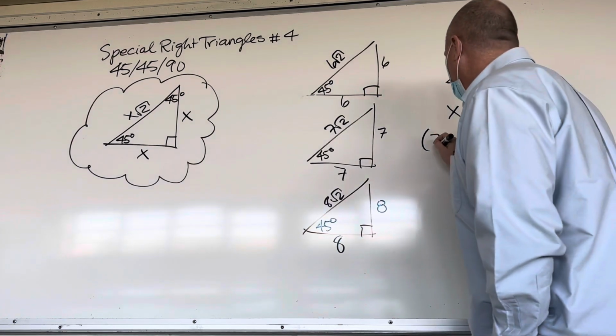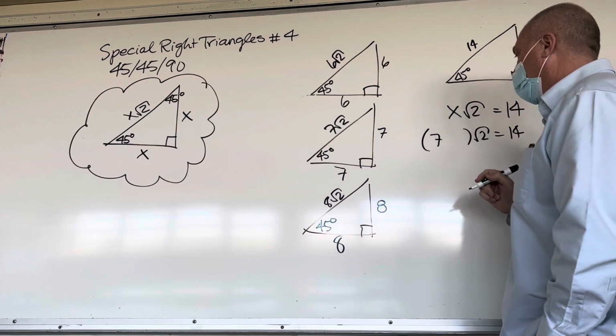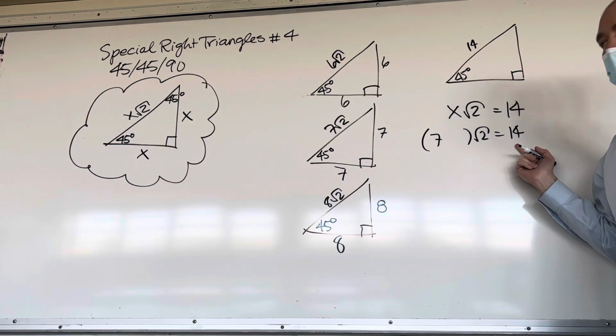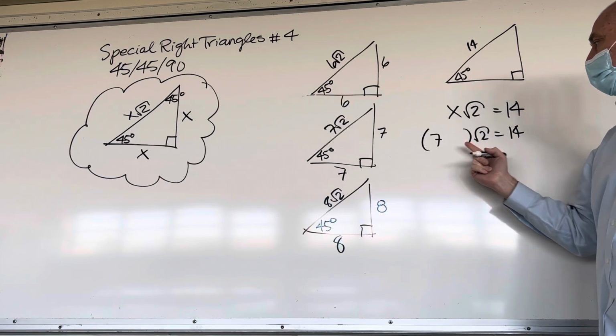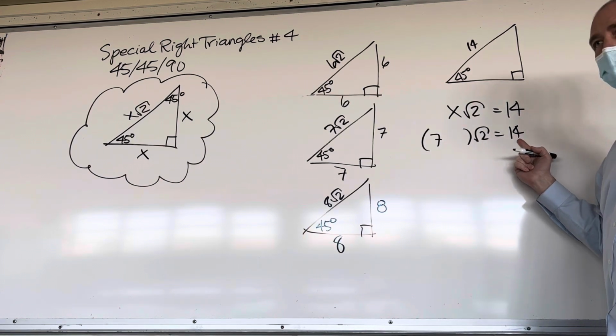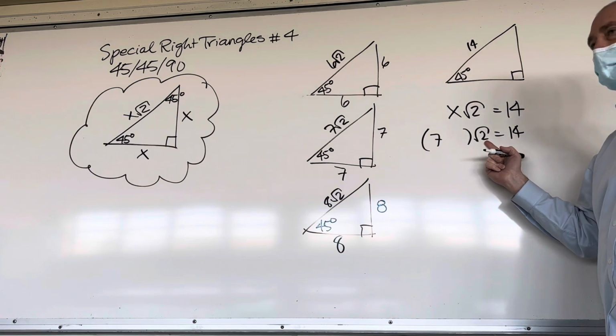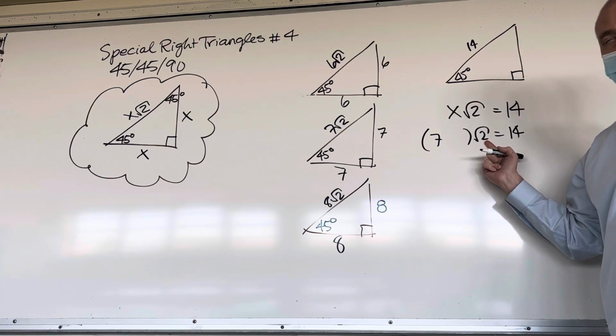7. So let's put a 7 here. Well, 7 times the square root of 2 is actually 7 square root of 2. What do you need 7 to be multiplied by to get 14? 2. How can we change a square root of 2 into a 2? What can we multiply a square root of 2 by to make it into a 2?